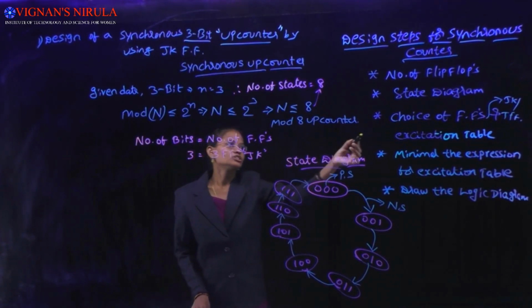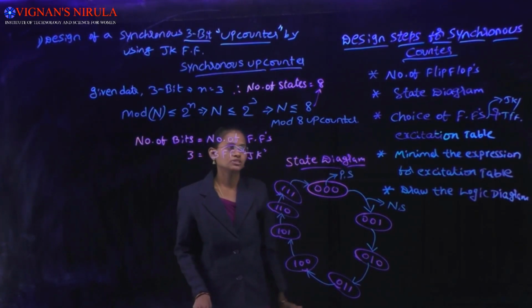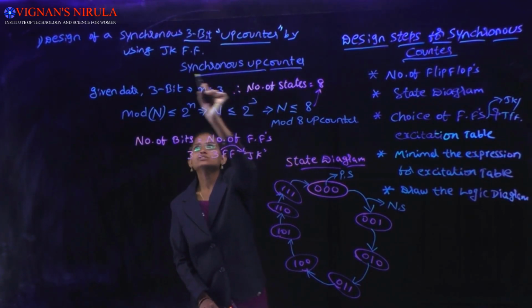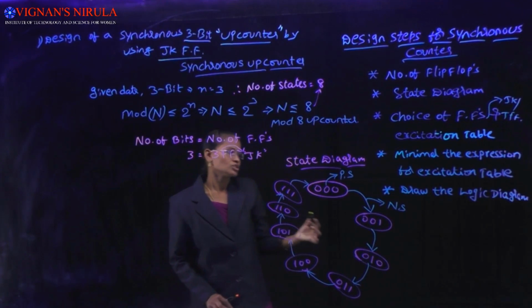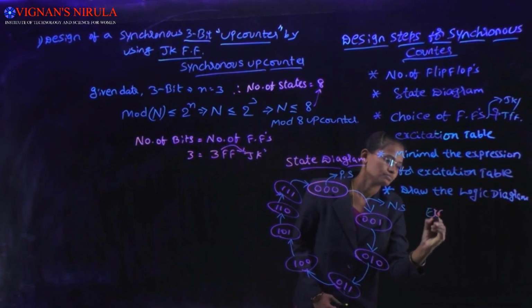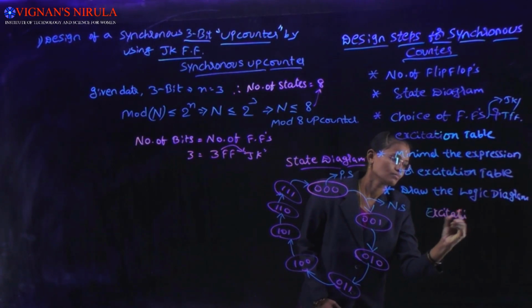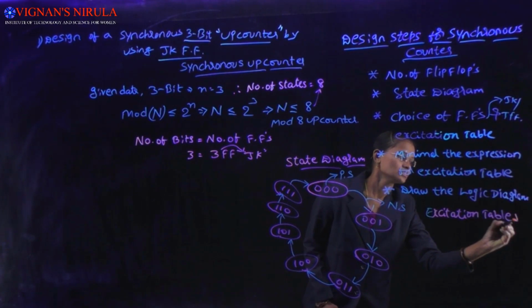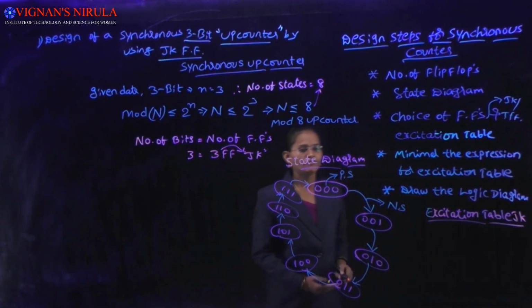And next, the third step is choice of flip-flops and excitation table. Here the flip-flop used is the JK flip-flop, so draw the excitation table for the JK flip-flop.